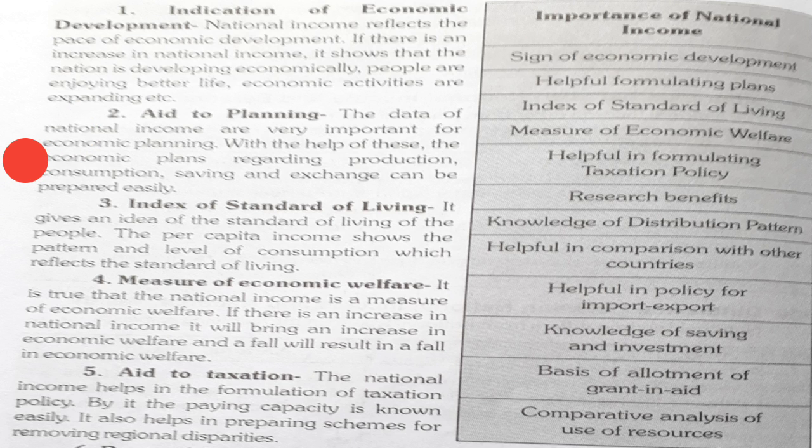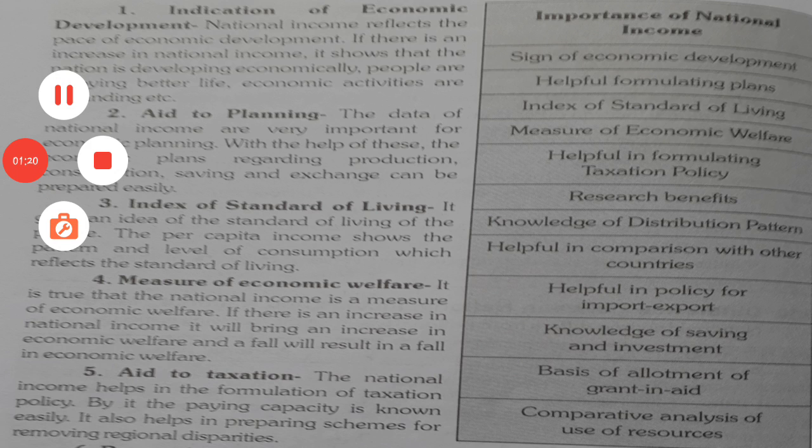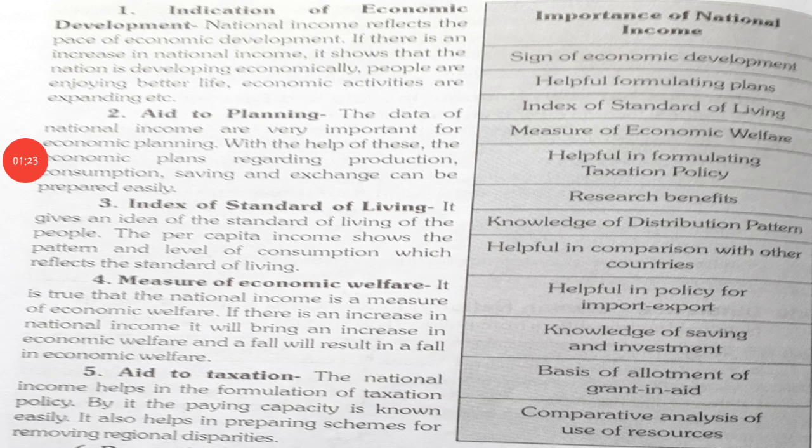Second is aid to planning. Whatever data of national income is collected, with the help of it, government and industry sector make economic plans related to production, consumption, saving and capital formation.